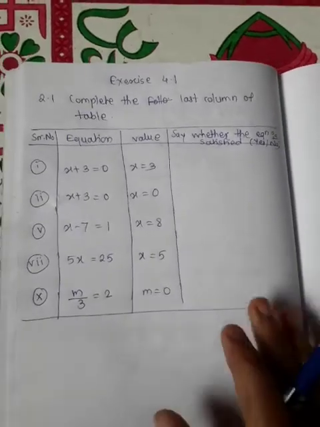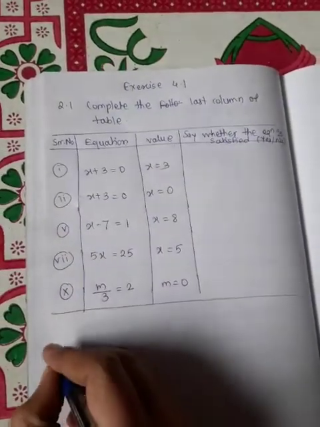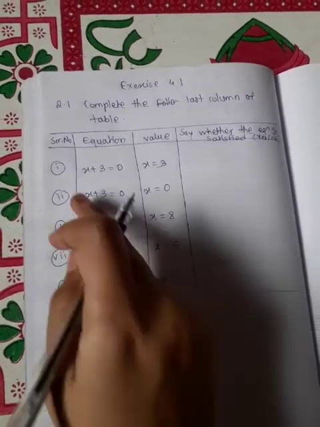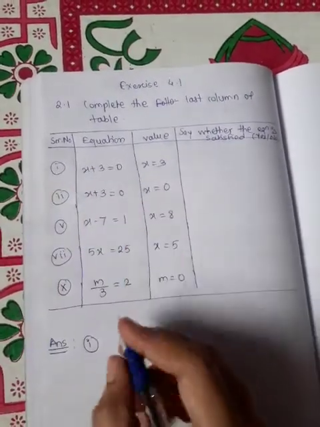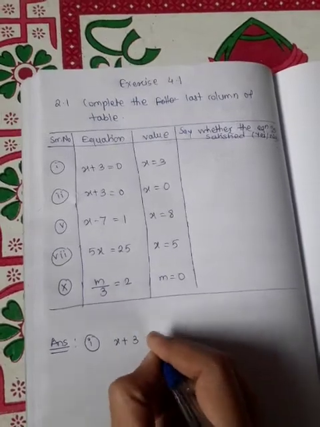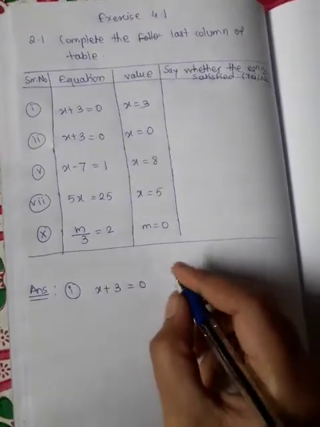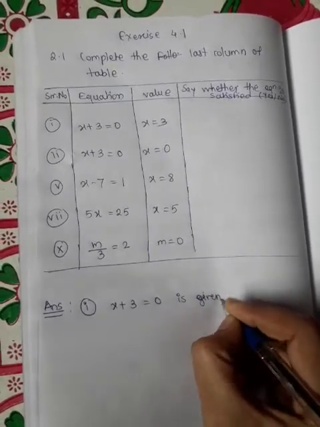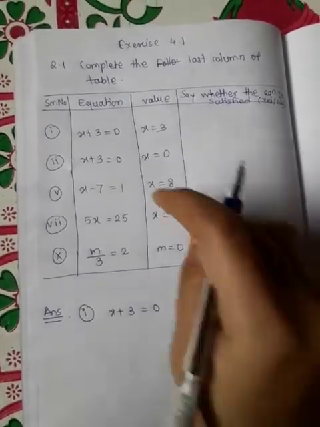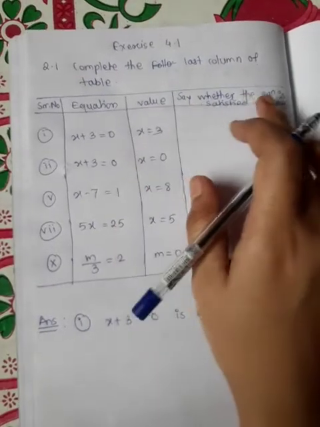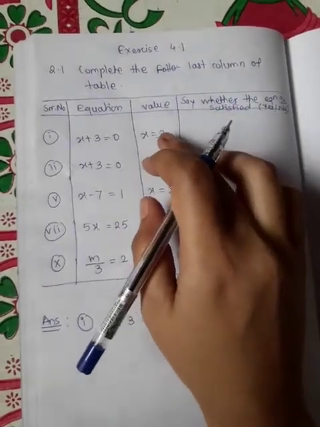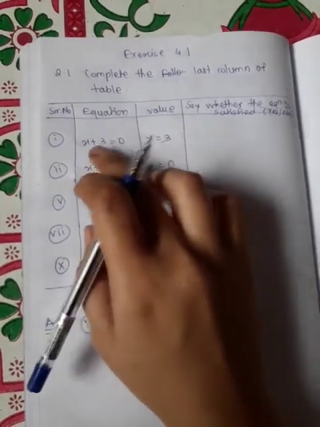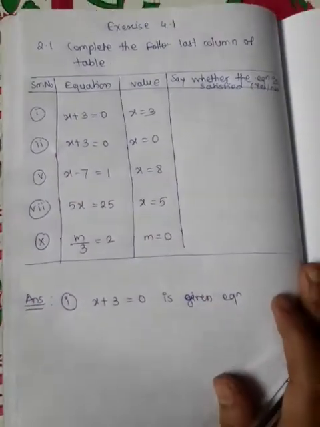Okay, so let's solve this question. Now check the first one. The first equation is x plus 3 is equal to 0. This is the given equation. Now we have to check whether this value, x is equal to 3, satisfies the given equation or not.